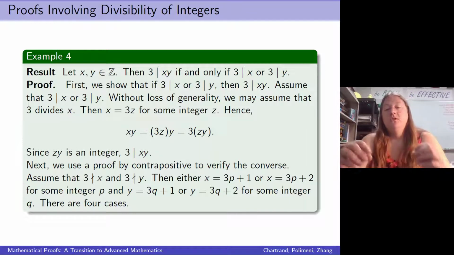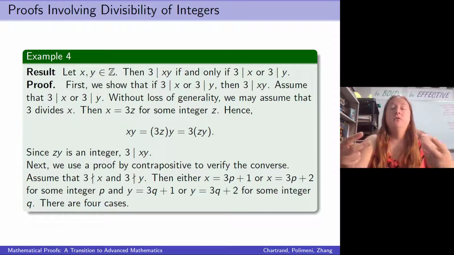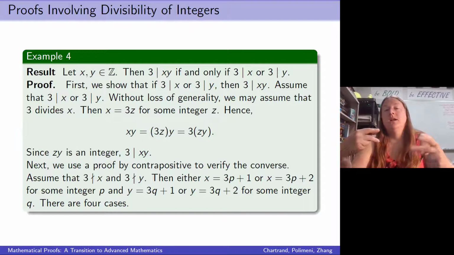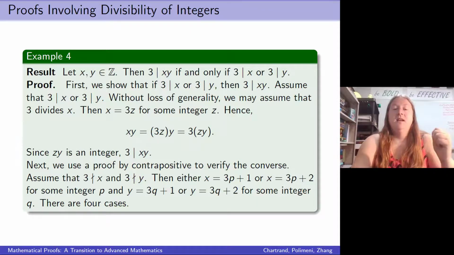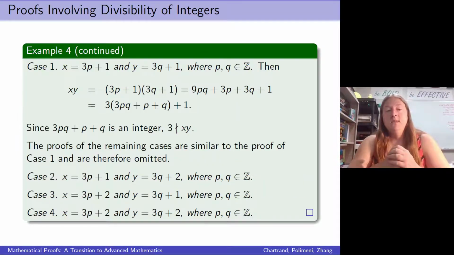So now we have 2 possible values for x and 2 possible values for y, and we need to look at every possible combination of those. So that leads us to 4 cases. In the first case, we look at both of them being 3 times an integer plus 1.